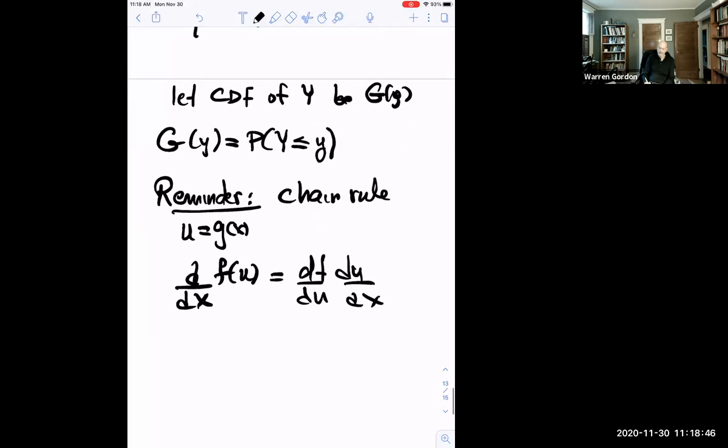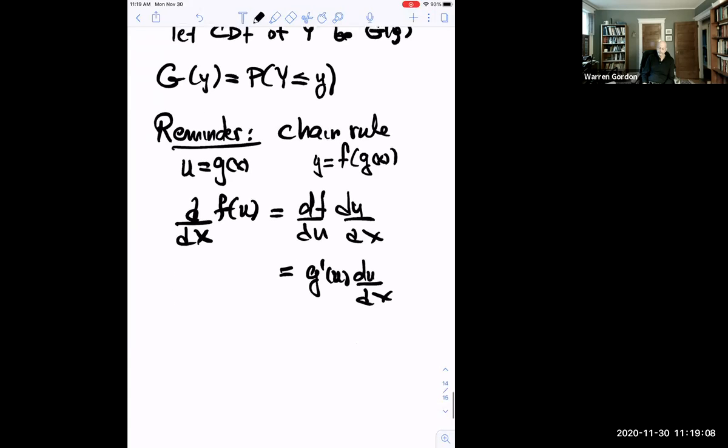Or you might have seen it as g prime of u. So f is some function of x, times du dx. That was the chain rule from Calculus 1. And I want to remind you of that because I'm going to need it very shortly.